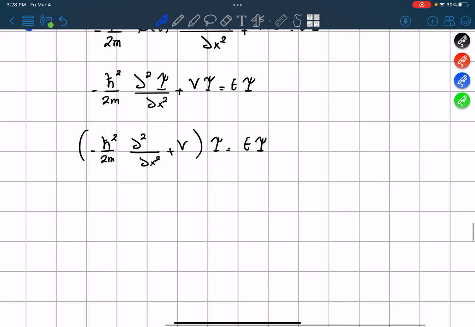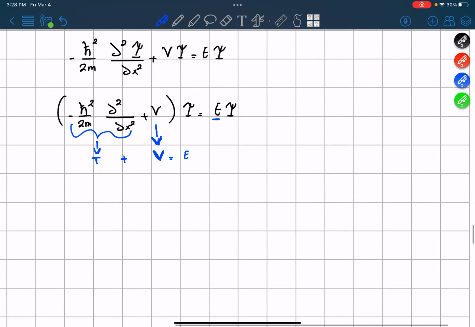Now, when we're multiplying this part over here, this one is the potential, and this part over here is the kinetic energy of the particle. So these two together, of course, equal the total energy. That's why we used E as a constant, not any other letter.